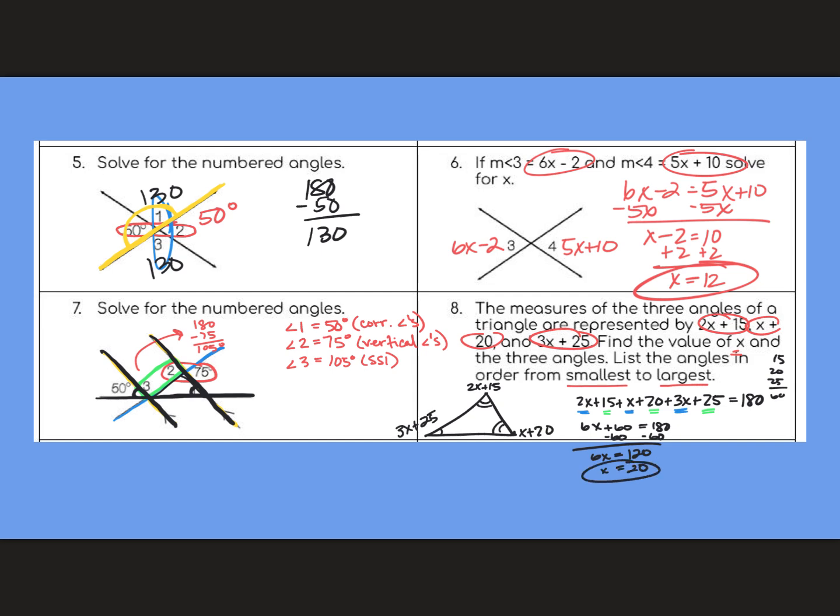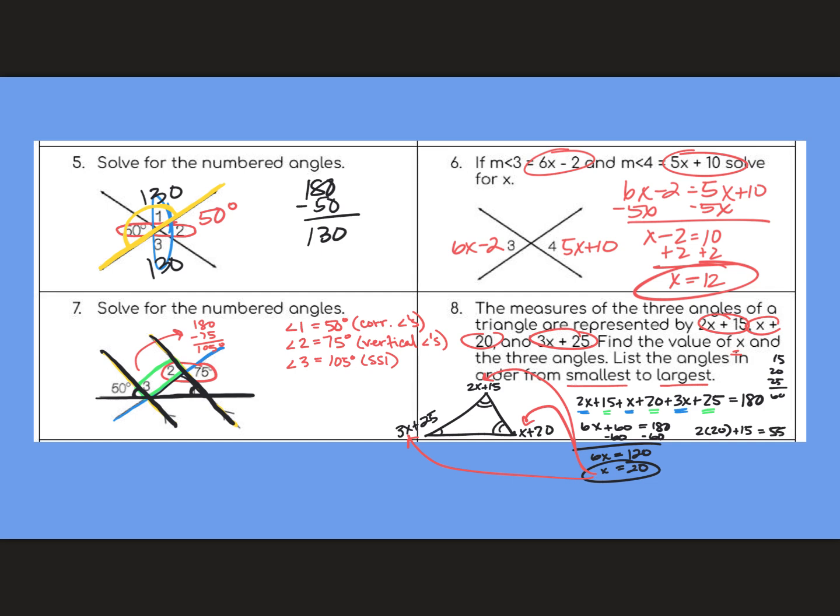So then the next thing is they want to know what each of the angles are. So we're going to take this x that we have, and we're going to throw it into each of those expressions. So for that first angle, it'll be 2 times 20 plus 15, which would be 55.